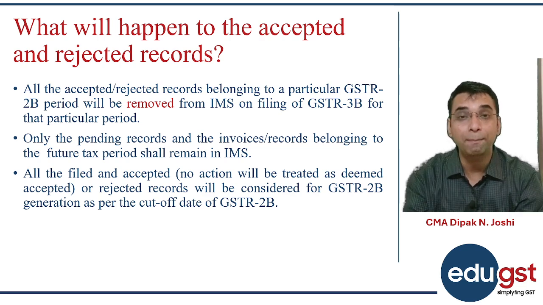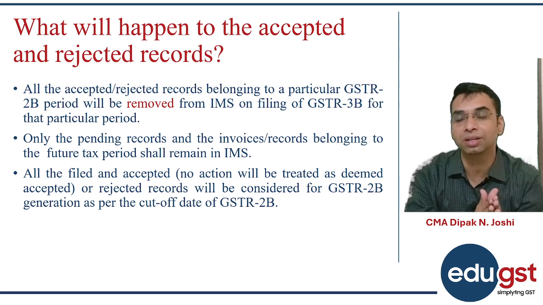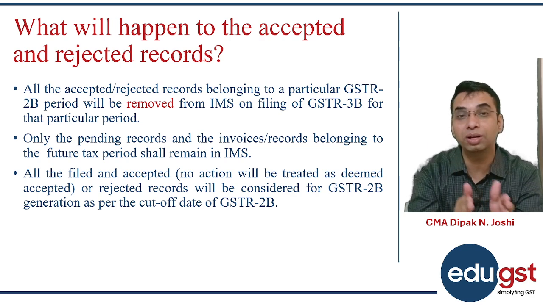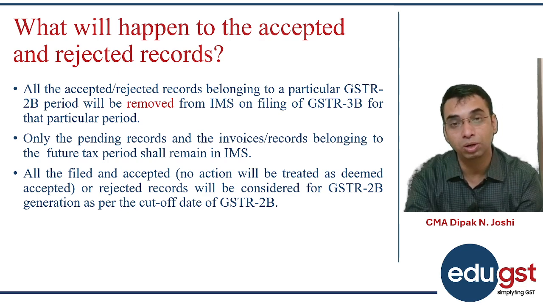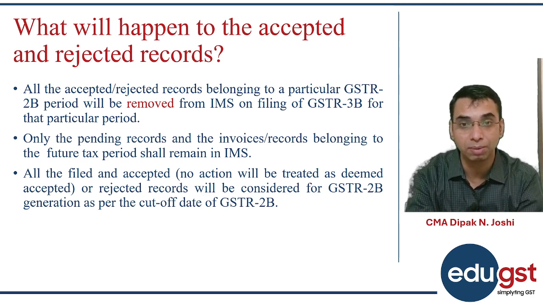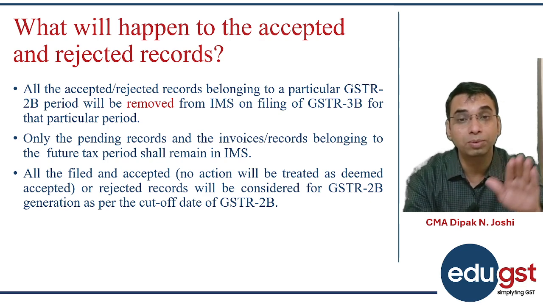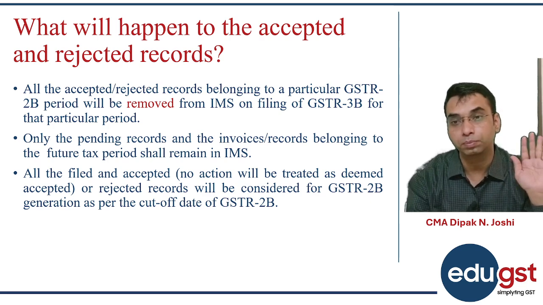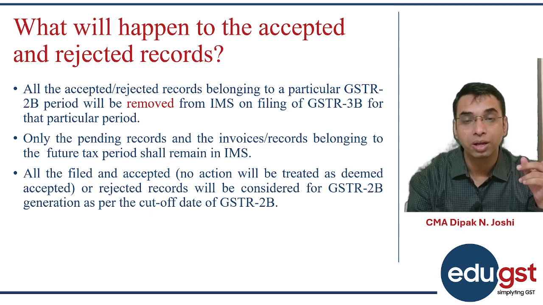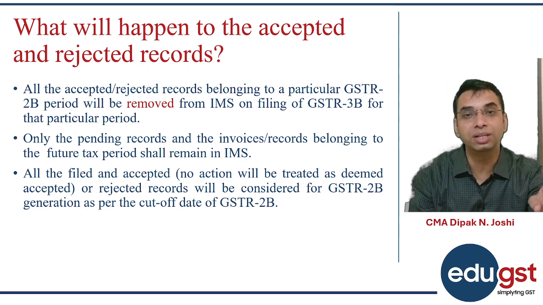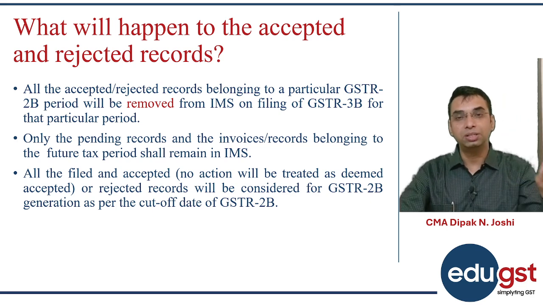So what will happen after acceptance and rejection of any particular record? After accepting or rejecting any record on the IMS portal, after filing GSTR 3B, the IMS portal will remove those records from the IMS portal. Which records? Records which are accepted or rejected by the recipient.